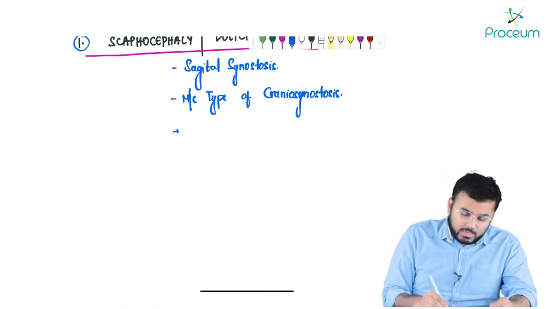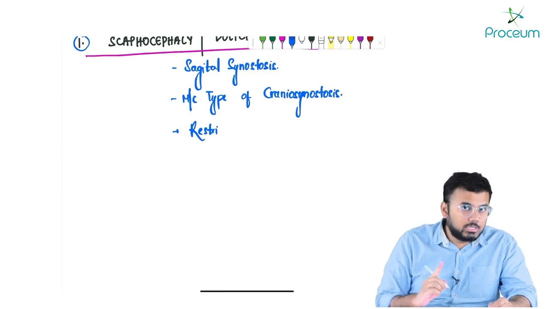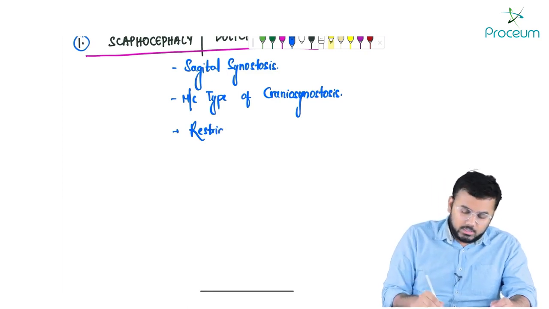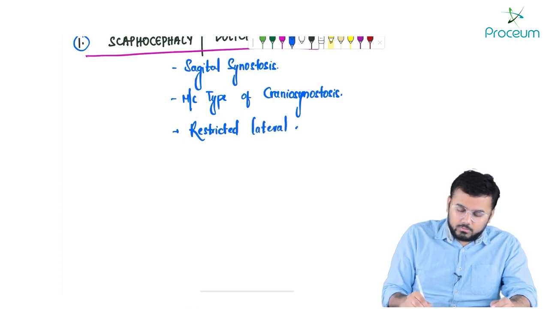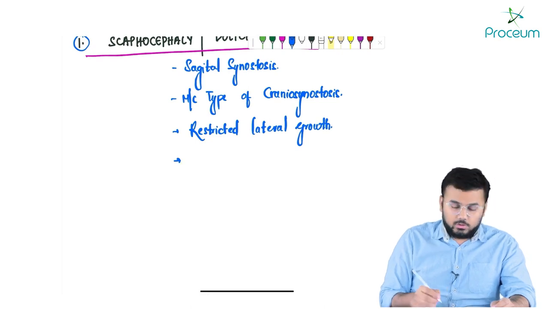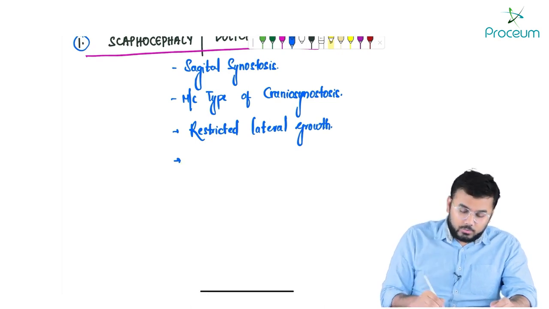Now what will happen is that there is a restricted growth. Which growth, lateral or anteroposterior? Lateral growth is restricted. When there is restricted lateral growth, the skull grows anteroposteriorly.